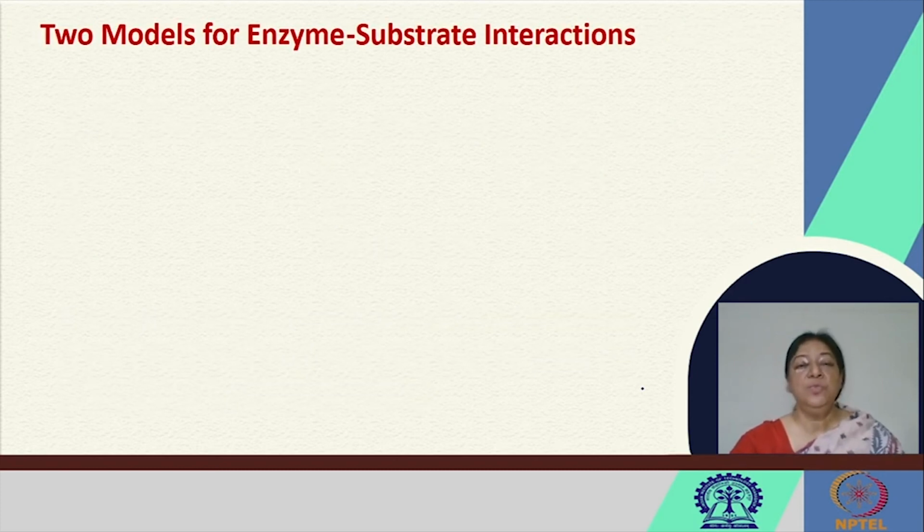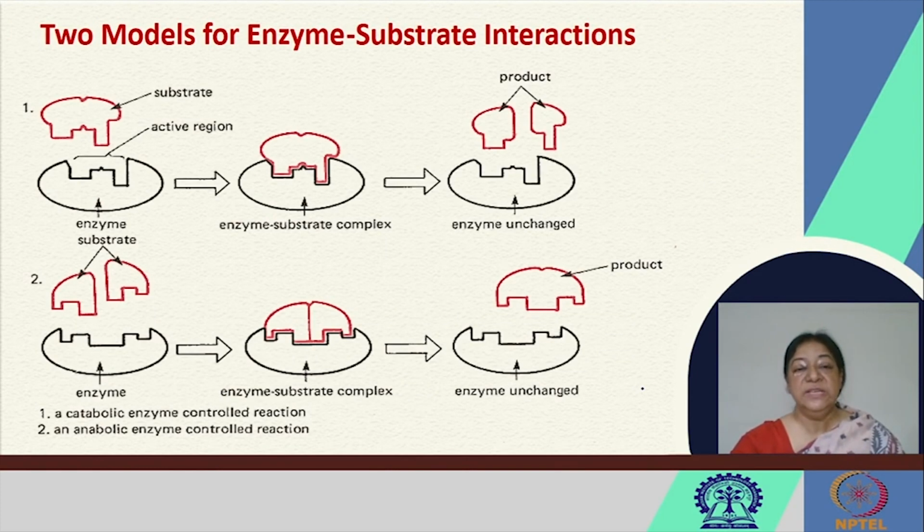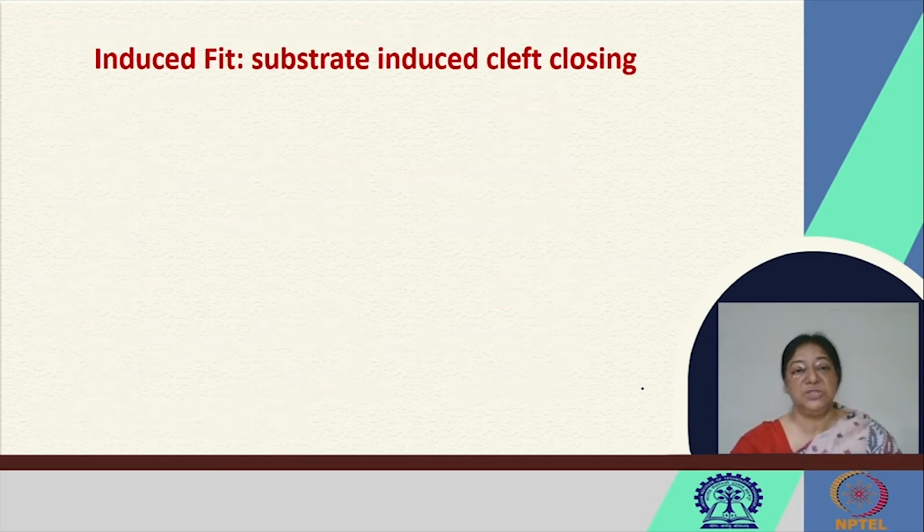Now, if we look at the two models for enzyme substrate interactions, we will be revisiting this later on in trying to understand what kind of product we can have and whether we can have two substrates involved or one substrate involved, and how the reaction may proceed in the different types of enzyme substrate reactions.